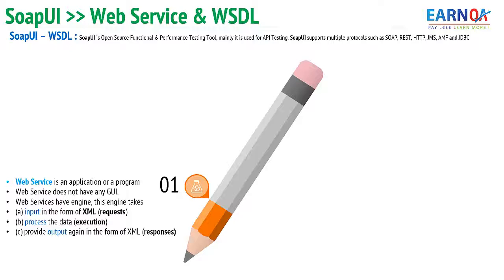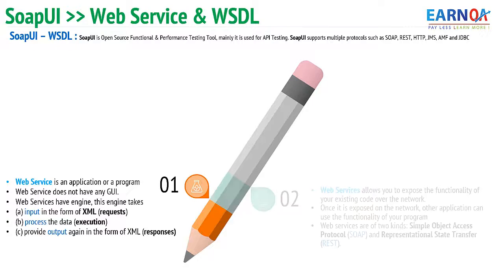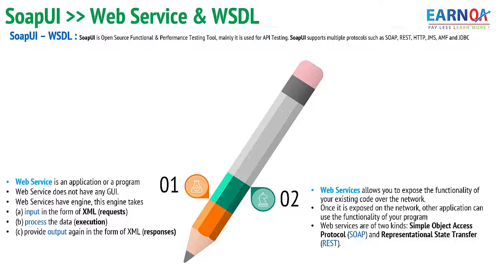It is an engine that takes input in the form of XML tags, processes the data, and then provides the output back again in the form of XML. It's a program, an application which would be available over the internet. Web services allow us to expose the functionality, the behavior, the methods of the program or the application. Once it is exposed on the network, other applications are able to use those functionalities.